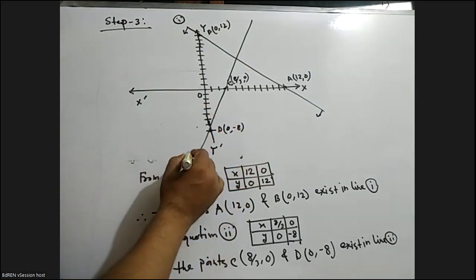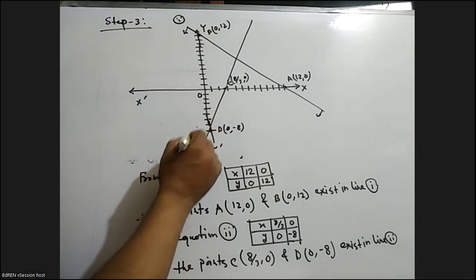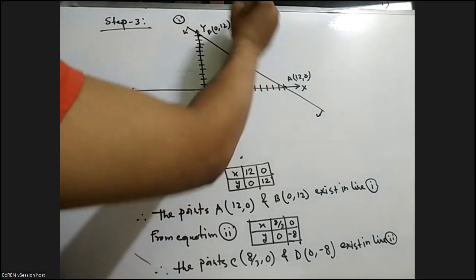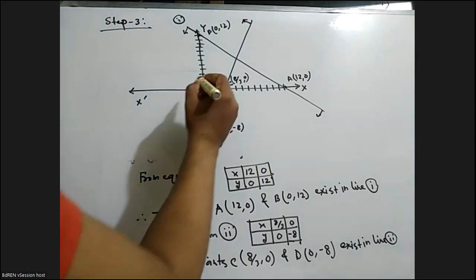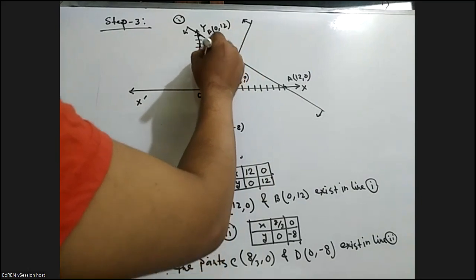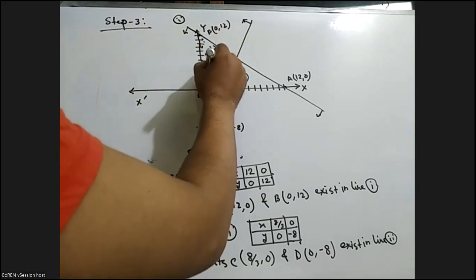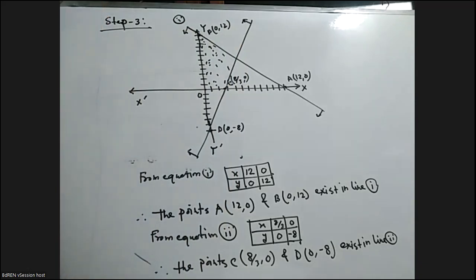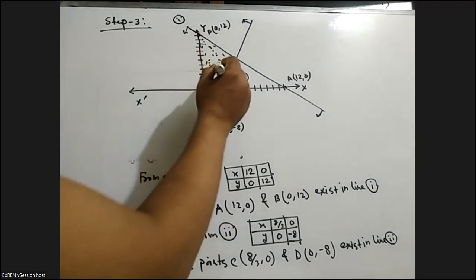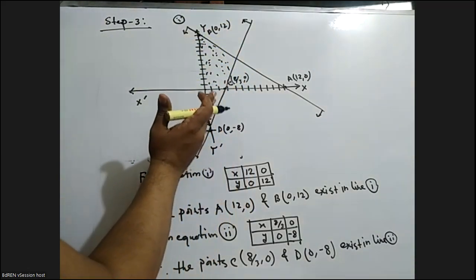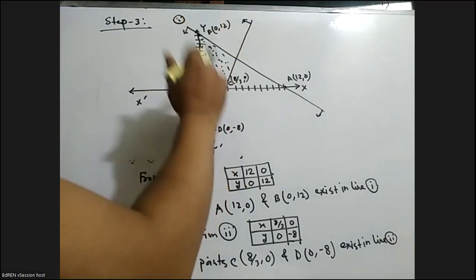In which direction does the solution exist? Actually, towards the origin. So here we get this shaded region. This shaded region will be the main source of solution, because this shaded area will be the area of both lines.